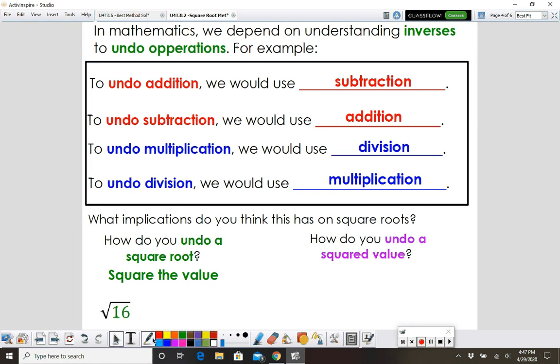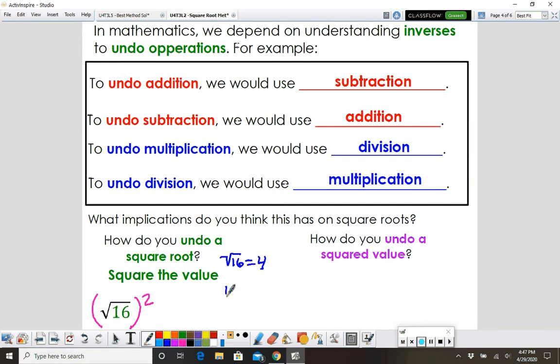So, for example, if I want to undo this square root here, all I'm going to do is square that value. This square root symbol and this square symbol cancel each other out. Let me show you. The square root of 16 is going to be equal to 4.